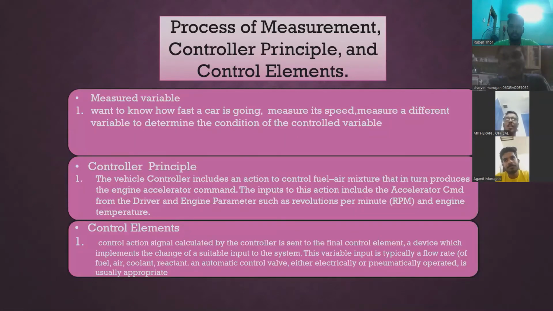This is the process of measurement, control principle, and control elements. Firstly, measure variables. If you want to know how fast a car is going, measure its speed, or measure a different variable to determine the condition of the control variable. Secondly, the control principle. The vehicle controller includes an action to control the fuel-air mixture, which in turn produces the engine accelerator command.